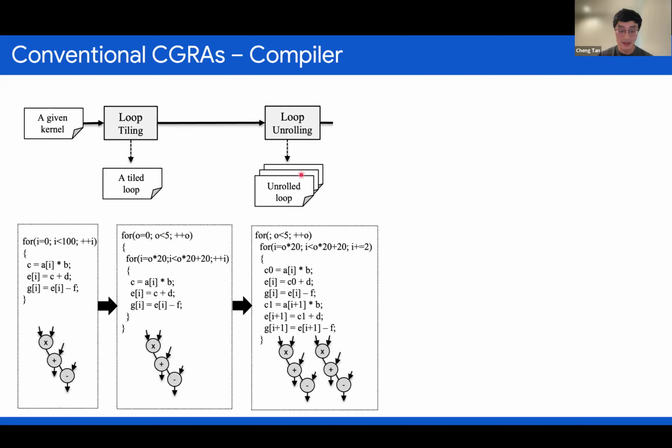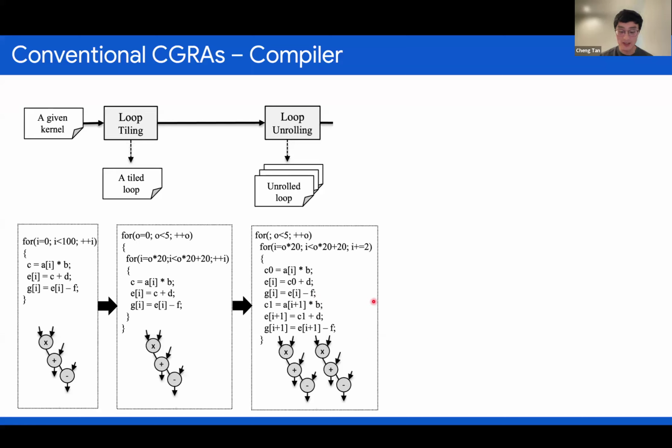Here we can also do loop unrolling. If your kernel is pretty small, most of your resources stay idle. In this case, we can unroll the loop, and then each iteration has more compute operations to be accelerated. Here we can see we have more instruction level parallelism.